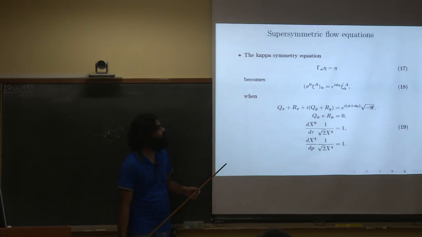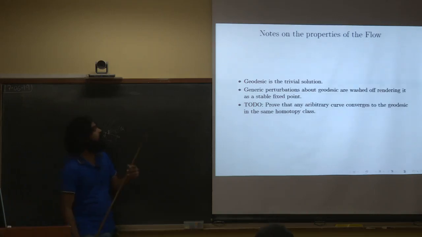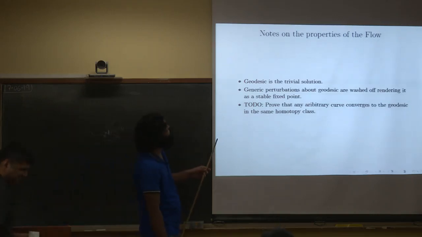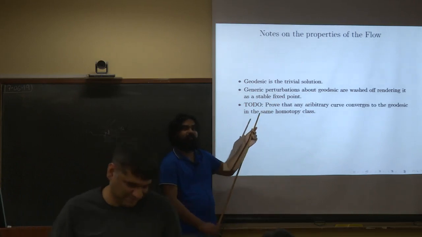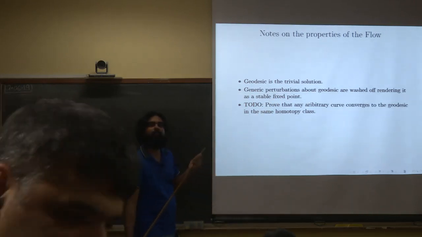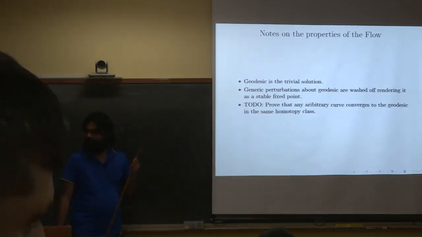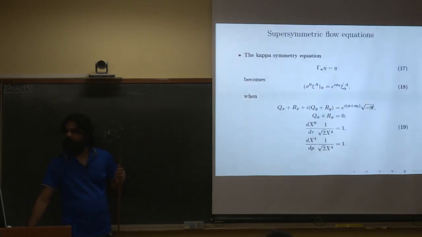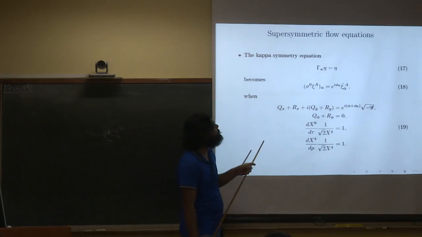But the idea is to check whether these equations actually work or not. So then comes this slide. It can be seen that geodesic is the trivial solution. Just a question: the way phi naught occurs in these equations is on the right hand side of the first equation, where it will be absorbed by a shift in phi. Is that correct?